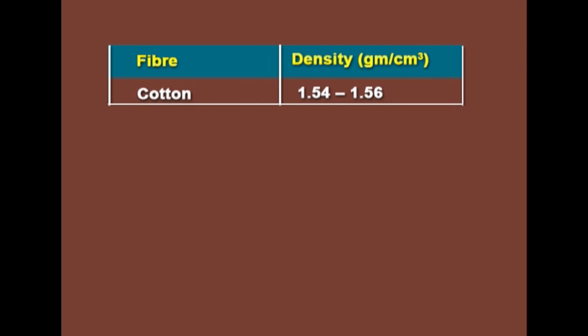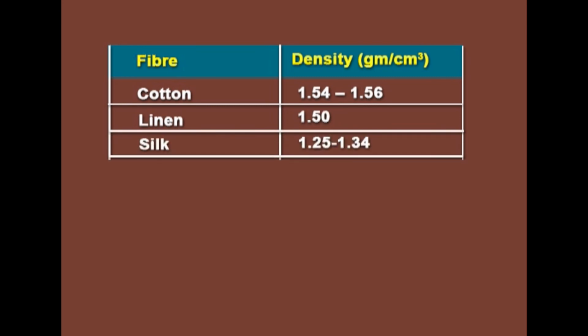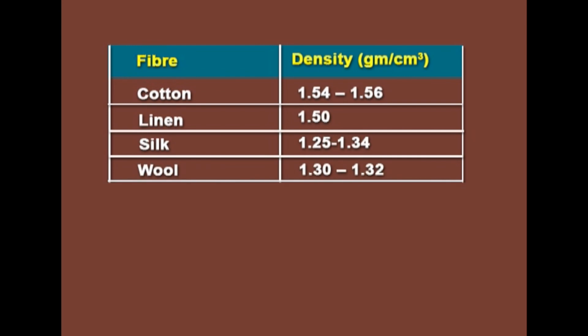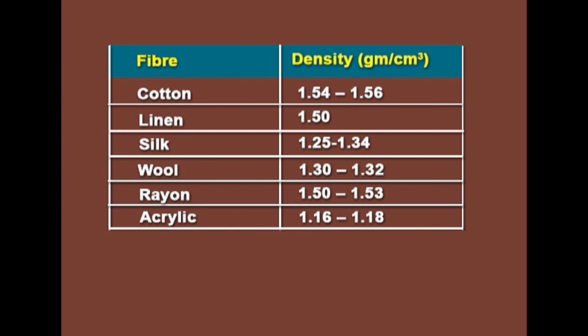Cotton fiber is a heavy fiber with density 1.54 to 1.56. Linen has a density of 1.50 and silk has a density of 1.25 to 1.34 and wool has a density of 1.30 to 1.32 and rayon has a density of 1.50 to 1.53, whereas acrylic has 1.16 to 1.18 and nylon has a density of 1.14.